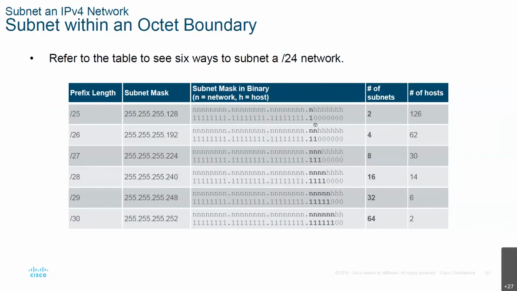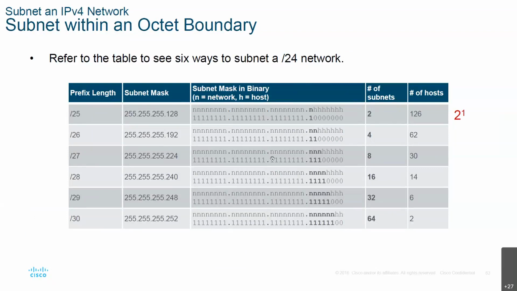The formula is 2 to the power of 1. So for a /25 network, how many subnets can you create? 2 subnets. This is a /24 network. If you want to subnet it and create /25, you create 2 subnets.